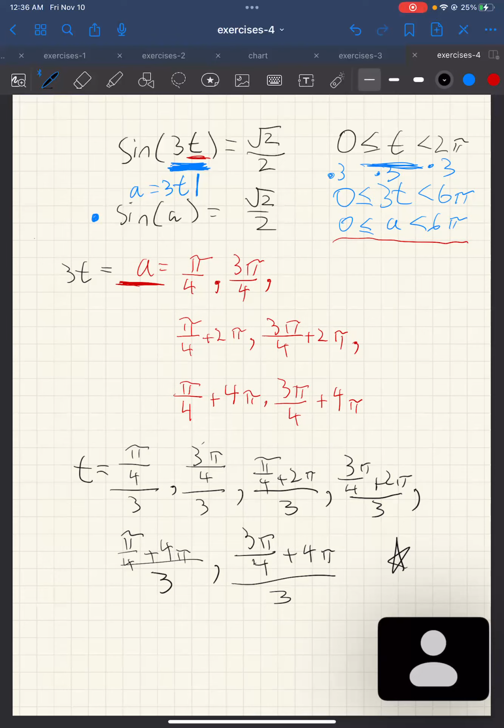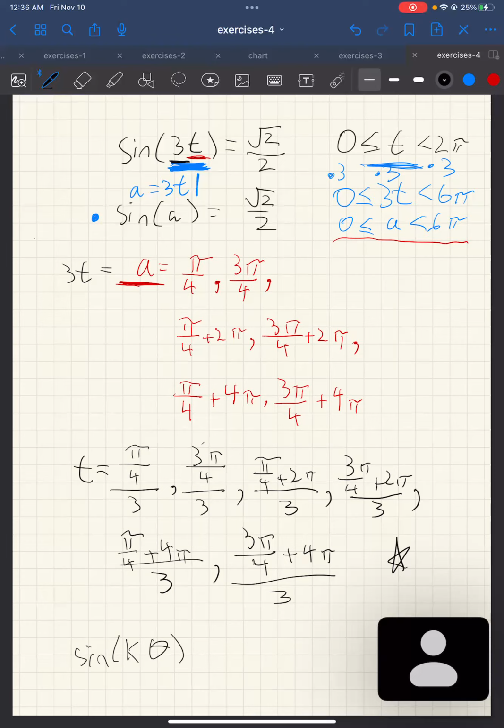So the general process with this isn't really special based around the fact that this number was 3 right here. If I just gave you any sine or cosine of some integer k times theta, then this whole process would look a lot more alike.